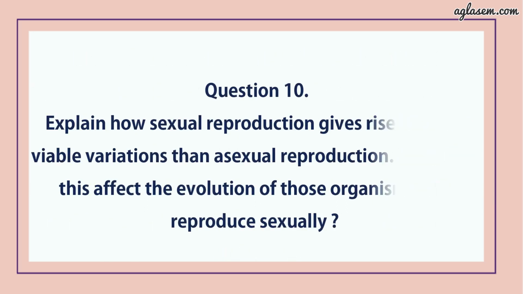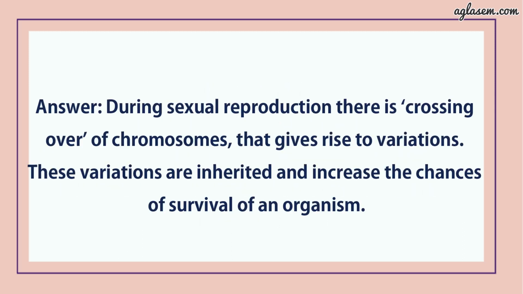Further, question number 10 says, explain how sexual reproduction gives rise to more viable variation than asexual reproduction. How does this affect the evolution of those organisms that reproduce sexually? So the answer is, during sexual reproduction, there is crossing over of chromosomes that gives rise to variations. These variations are inherited and increase the chances of survival of an organism.